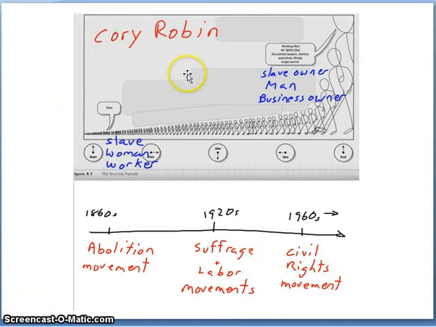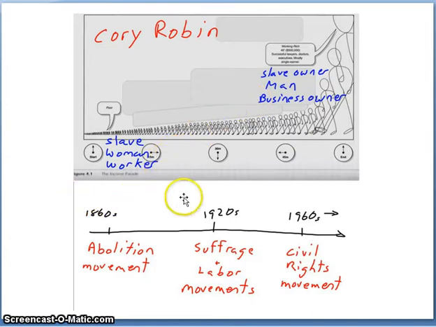If we think about some of the actual interactions, take the slave owner and the slave. Obviously, the slave owner is in a position of power over the slave. In the past, men had positions of power and privilege over women. In the economic sphere, the business owner has power over the worker.